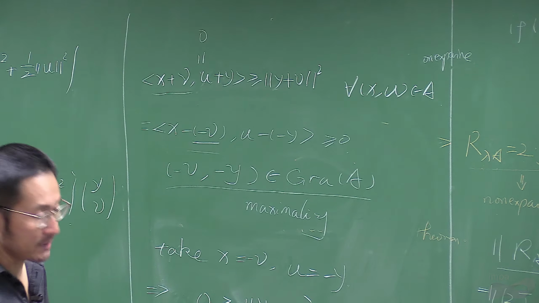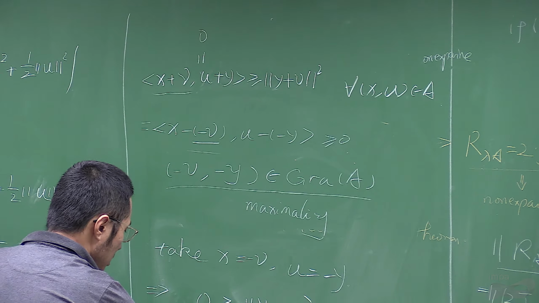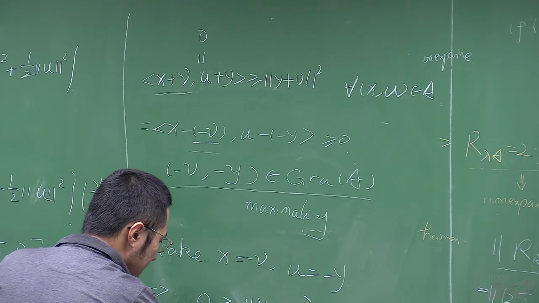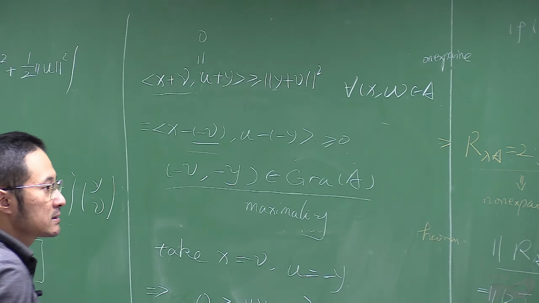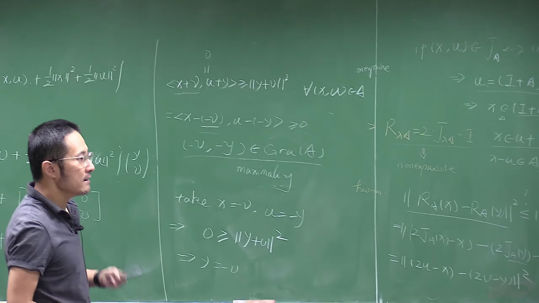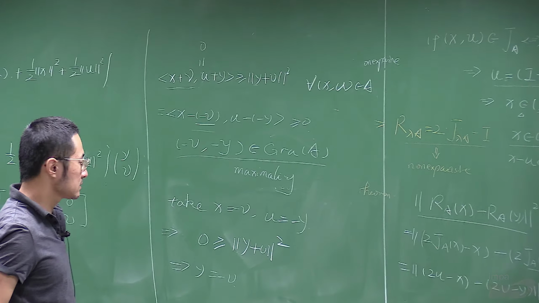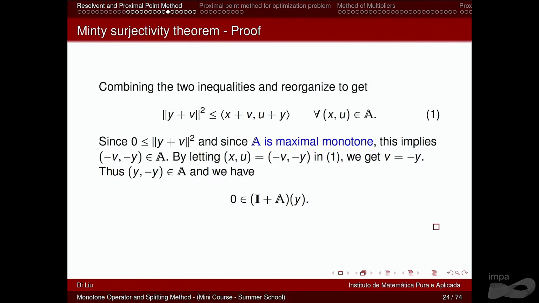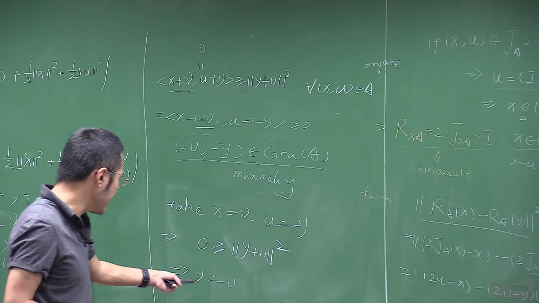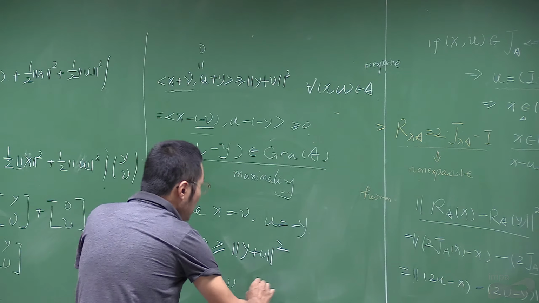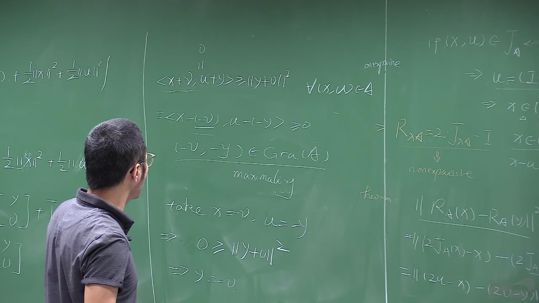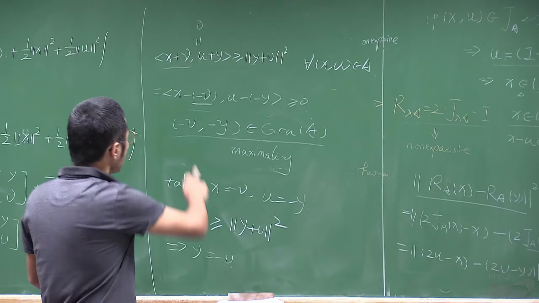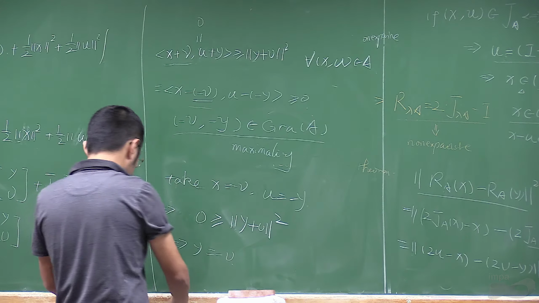So what does it mean? It means y should equal to the minus v. Okay, so if y is equal to the minus v, which we already see.